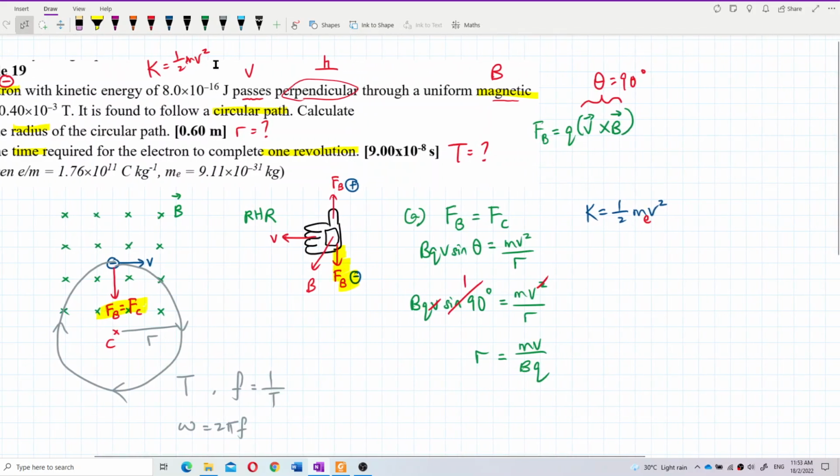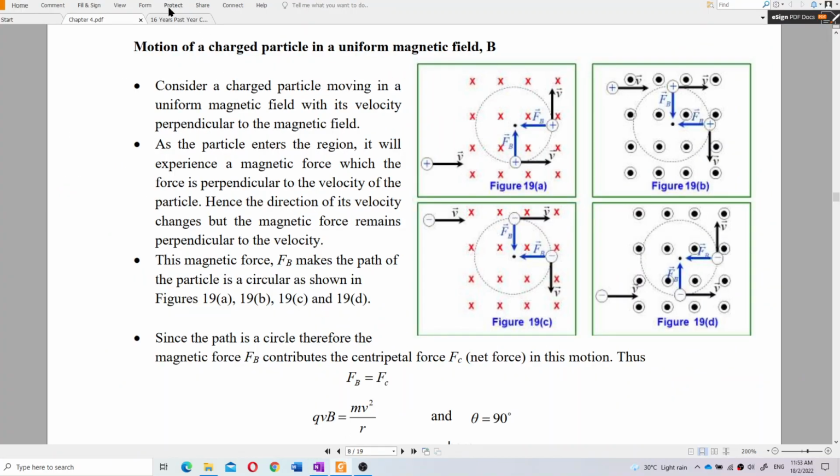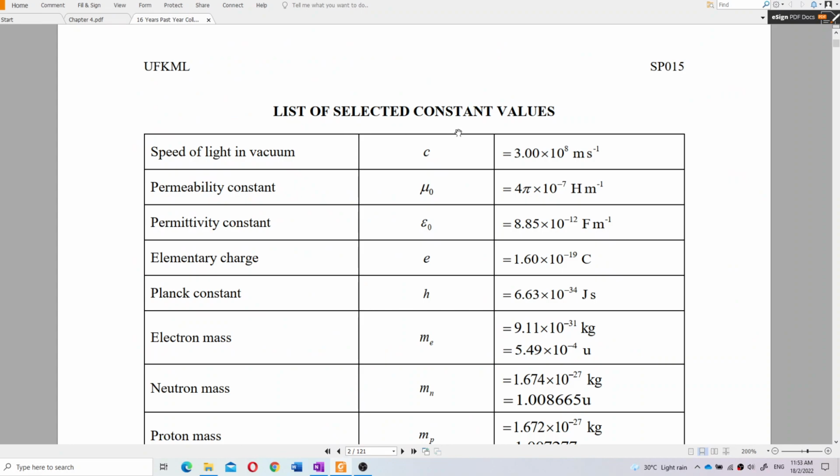Okay, let's find out. Kinetic energy is 8 exponent negative 16 joule, equal to half the mass of electron times v squared. If the mass of electron is not provided in the question, you can find it from the list of constants. The list of constants also provides the charge of electron.